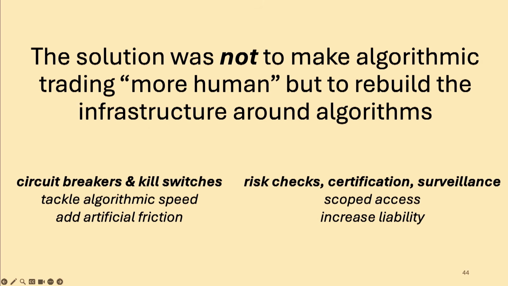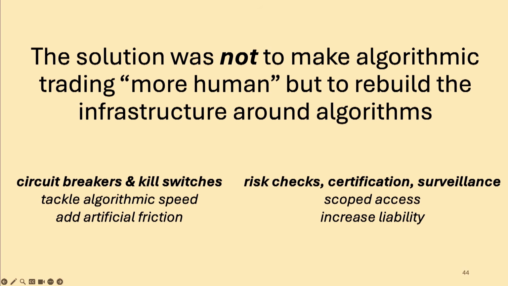So things like circuit breakers and kill switches were introduced. These were essentially to tackle algorithmic speed, to add some kind of artificial friction, where if things started going south too fast, things would stop. We also introduced risk checks, certification mandates, and surveillance of the entire market, so that you couldn't have systems where a small failure of one stock could suddenly impact everything else in near time.